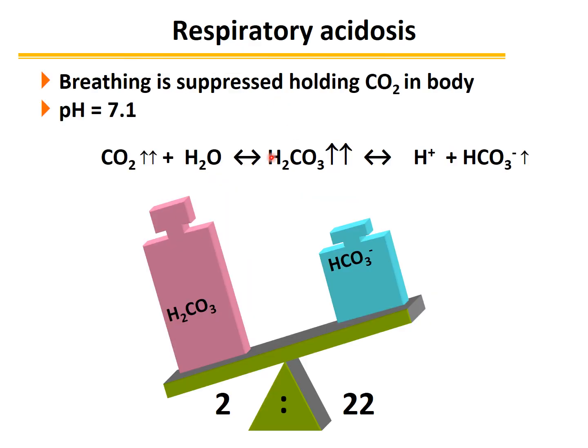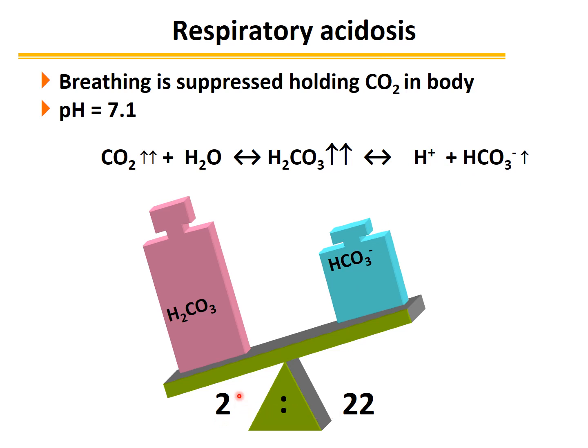Now, what will happen when we have a respiratory acidosis? When we have a suppression of the breathing and an increase of the carbon dioxide level in the body, more carbon dioxide is going to produce more carbonic acid. And of course, it's going to dissociate to proton and bicarbonate, but the ratio is now changed.